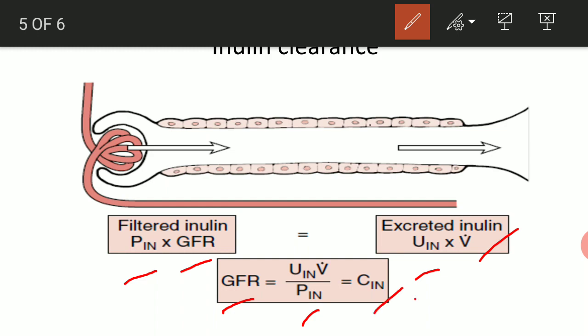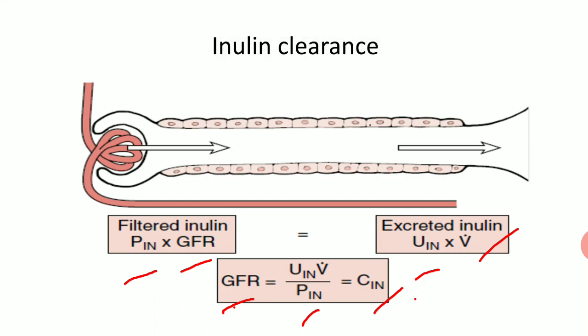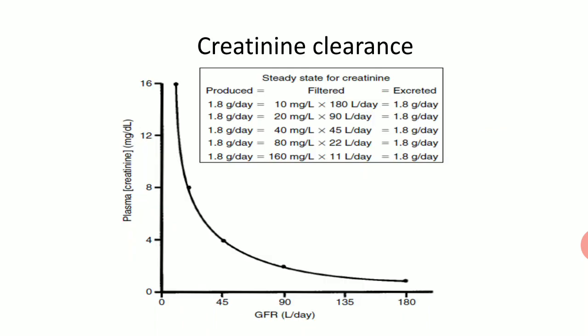So inulin clearance is GFR, and it is UV by P. Okay, so I think we have got the inulin clearance.